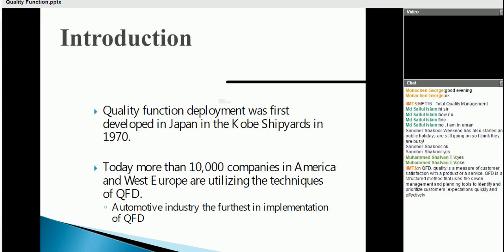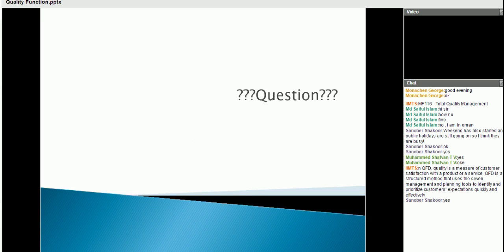This is the basic definition. Clear, everyone? Okay, let's proceed.